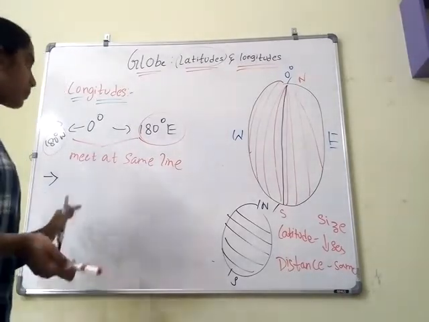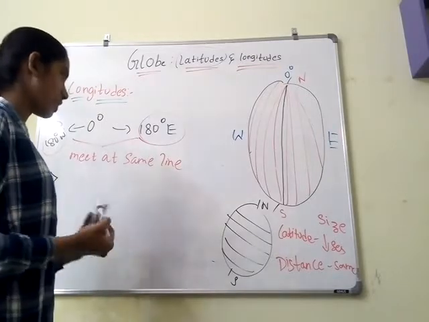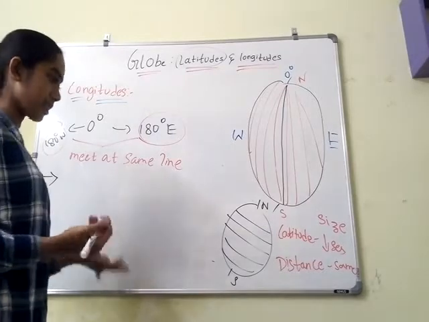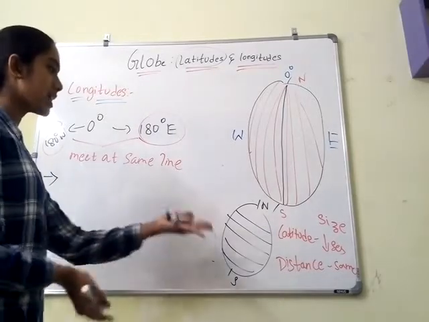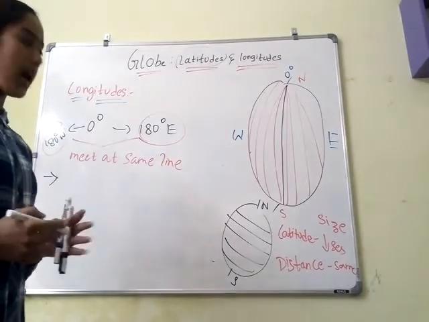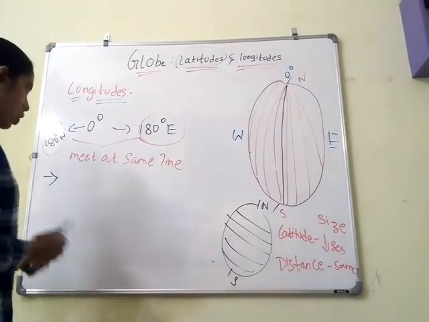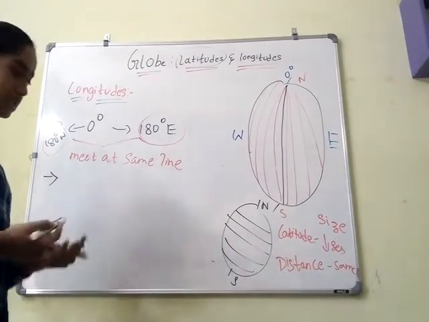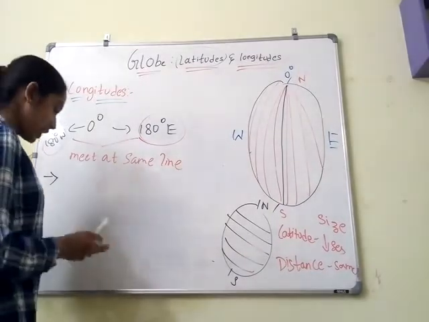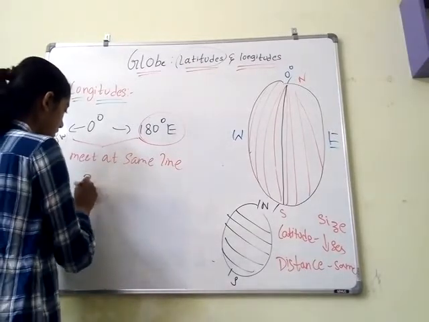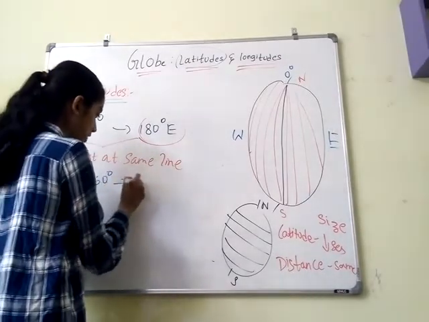And next, one more important point: latitudes and longitudes. Now let's draw a grid about these latitudes and longitudes. Before drawing a grid, I would like to say one thing: our Earth covers 360 degrees in 24 hours, right?